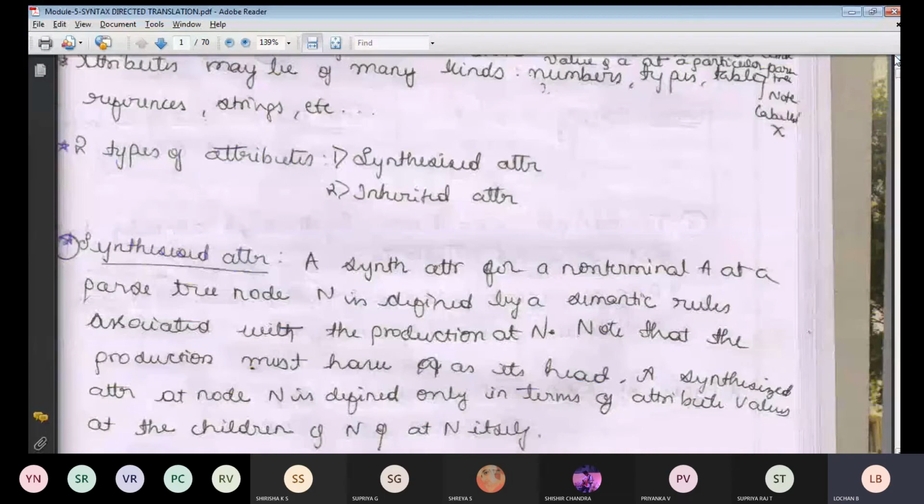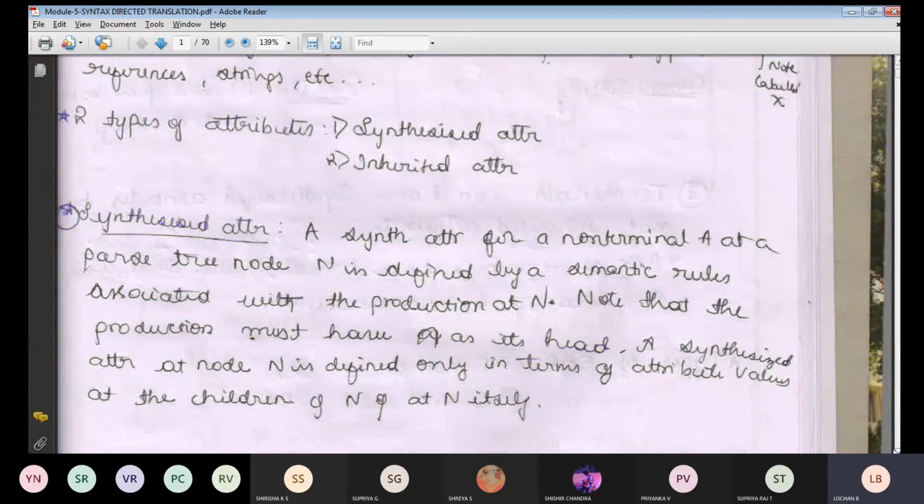The first type of attribute is the synthesized attribute. A synthesized attribute for a non-terminal A at a parse tree node n is defined by a semantic rule associated with the production at n. Look here.